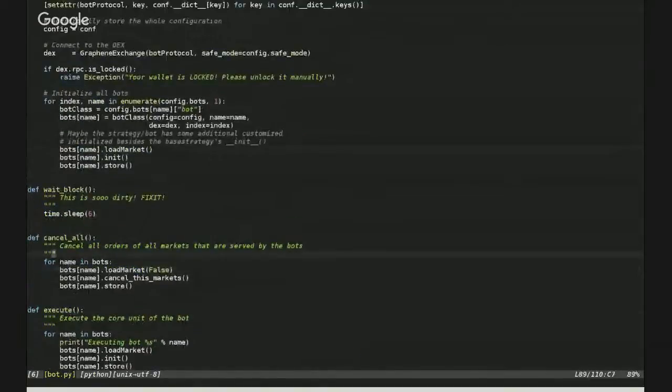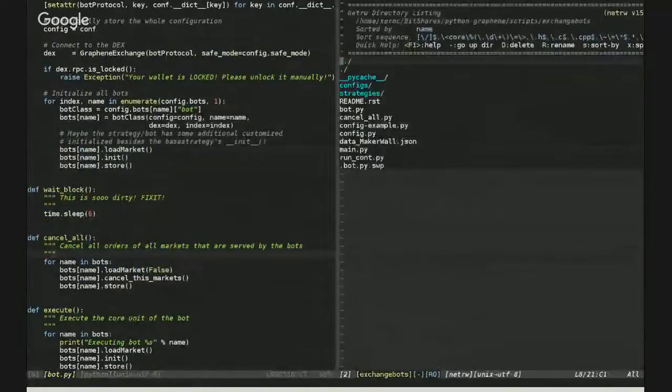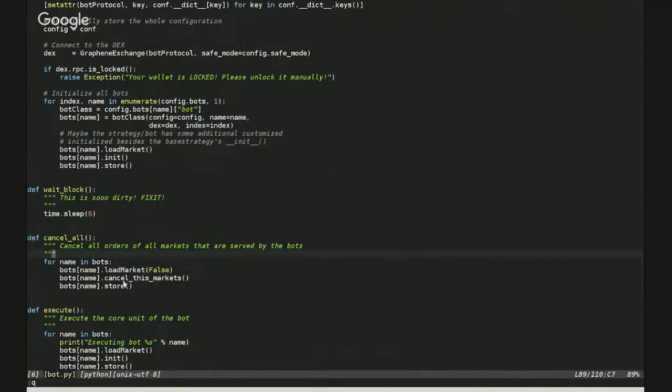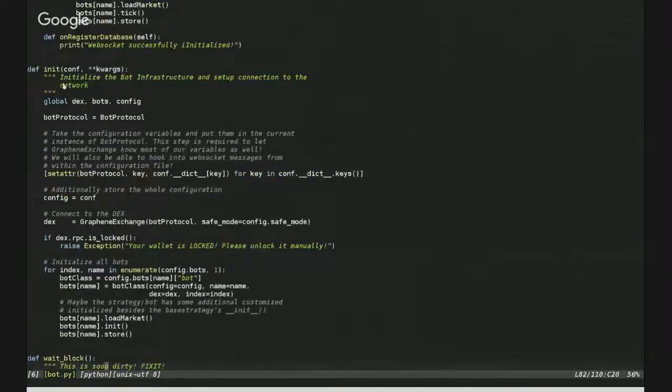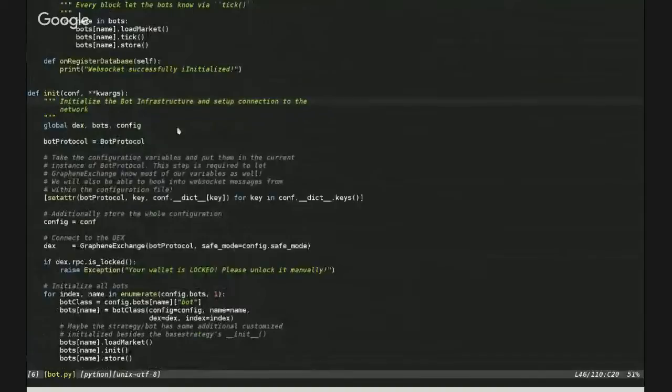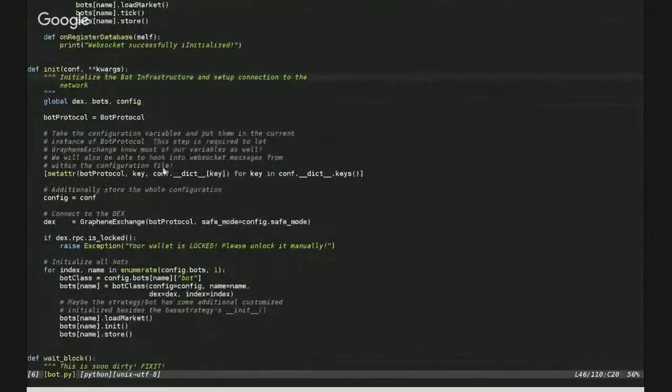Oh yeah, here's a script that cancels all of your orders. Literally very easy. And the bot itself has this init function, and then what it does is it loads a protocol. We're going to look into this in a second. It loads a protocol over here.